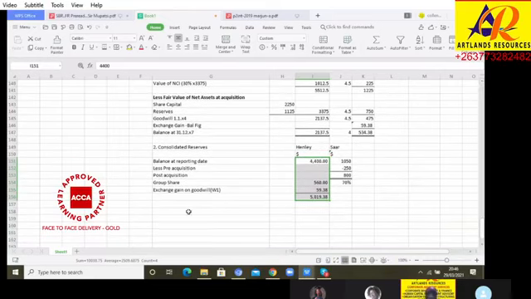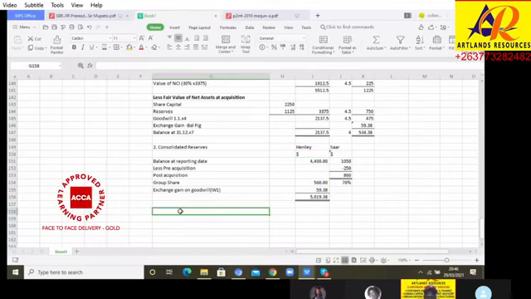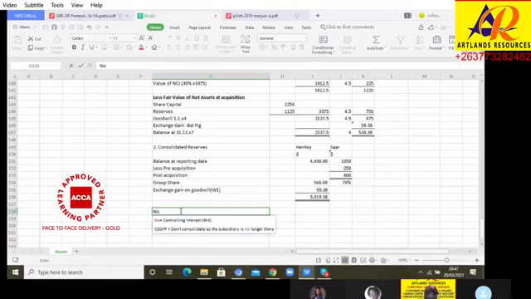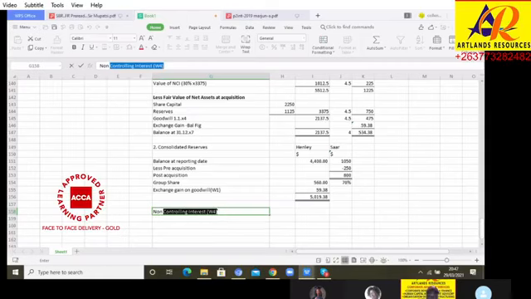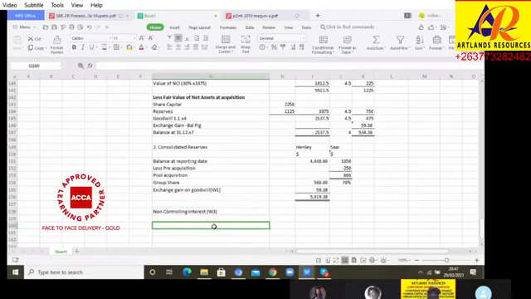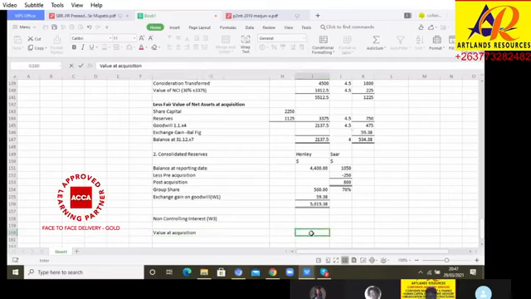That's consolidated retained earnings or reserves. And then you come to NCI, non-controlling interest. That's working 3, not 4, working 3. You say value at acquisition. Our NCI value at acquisition is this NCI on goodwill working in dollars.